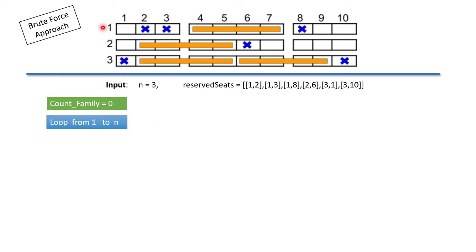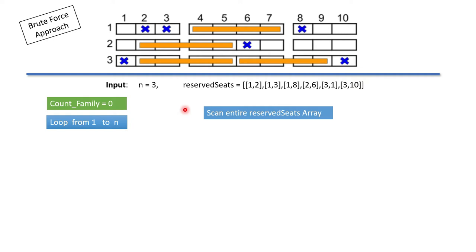And for a particular row, if we have to talk about the result, then what do we need? We need all the booked seats in that particular row. So we already have a reserved seats array. From there, for this particular row, we can take all the booked seats. So we have to scan the entire reserved seats array and get the booked seats for that particular row.